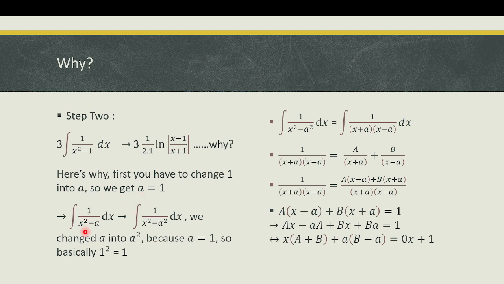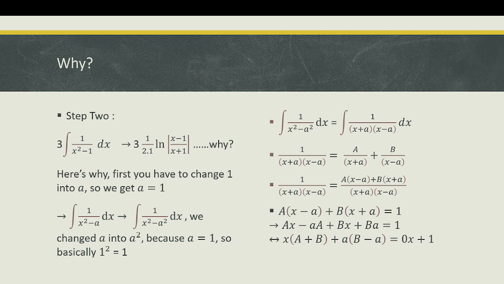So the integral of 1 over x squared minus a dx is equal to 1 over x squared minus a squared dx. Why did we change a into a squared? Because basically a is equal to 1, so 1 raised to the power of 2 is basically just equal to 1. Unless you put some parentheses in it, it will be different.